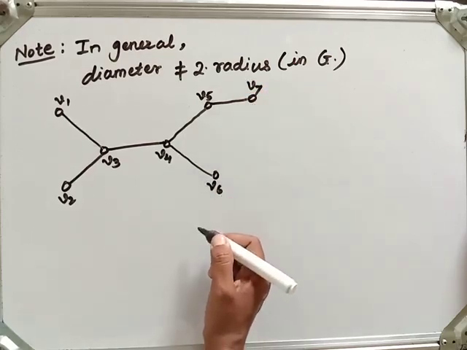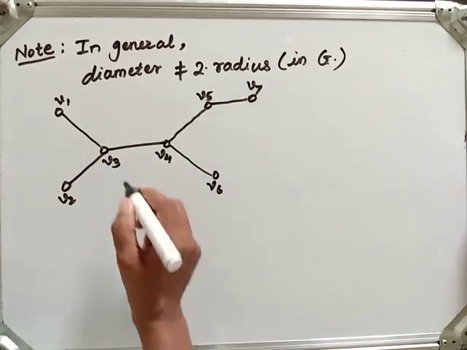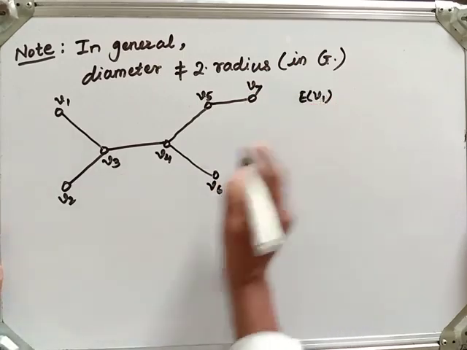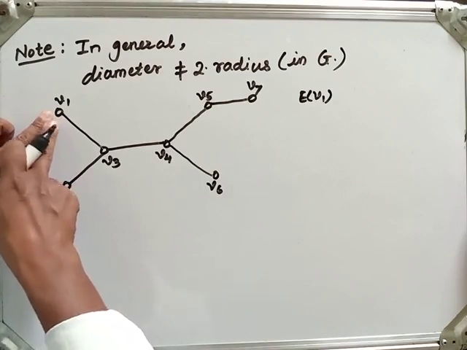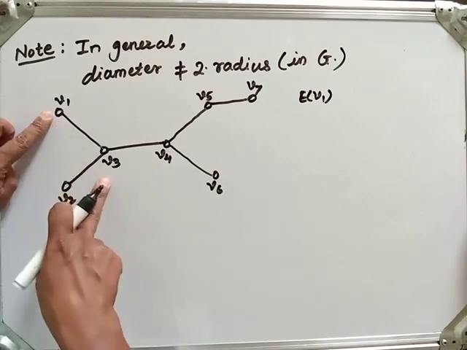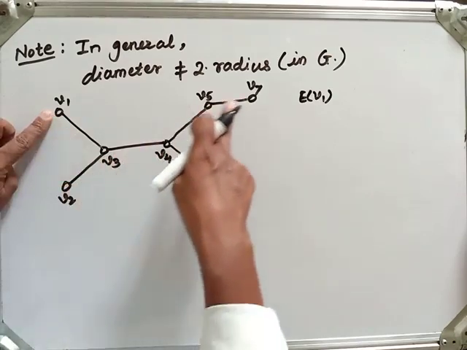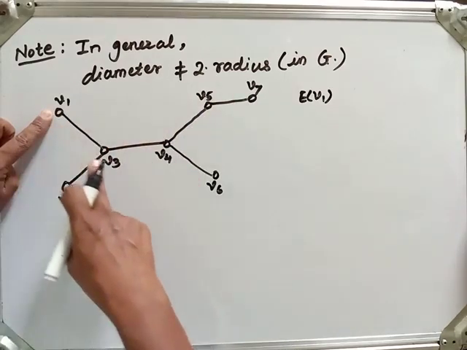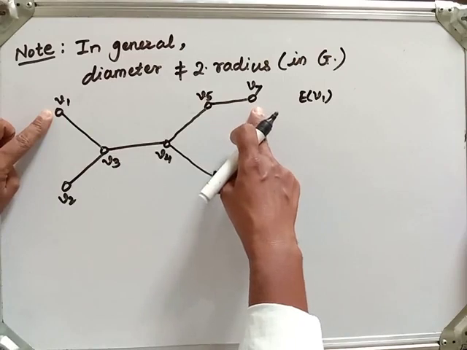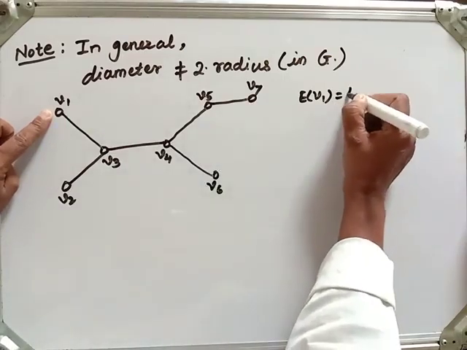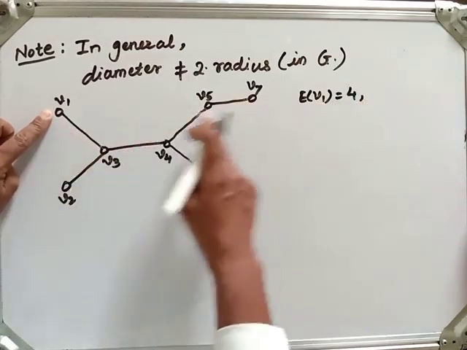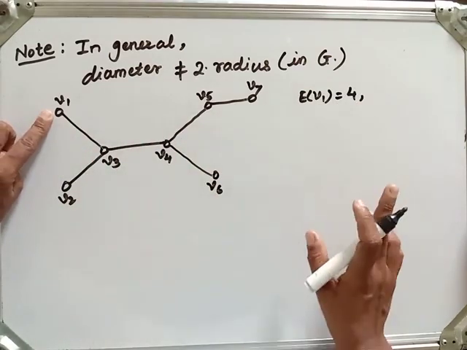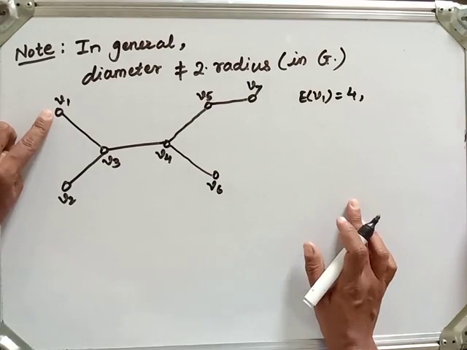Right? So if we find eccentricities, for the eccentricity of V1, V1 to V1 distance is 0, V1 to V2 is 2, V1 to V3 is 1. Which vertex is too far from V1? V7. So the eccentricity of V1 should be 4, the number of edges. As such, we can easily determine eccentricity. No need to write down everything in detail always, right?